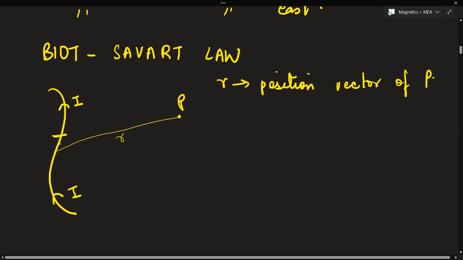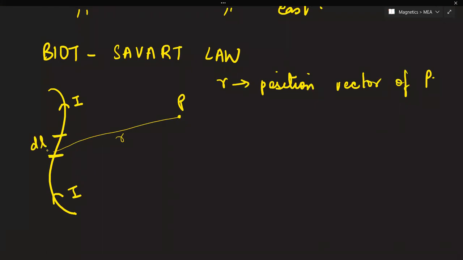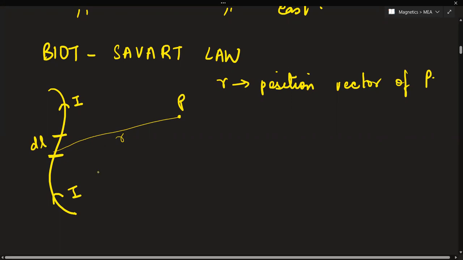Now I have taken a very small portion dl. This is called the current element, which I was telling you. A current element is basically what? This magnetic field is made up of contributions from different segments, and we call these segments of a conductor a current element. We have just taken a small portion from the whole wire where the whole current is flowing.